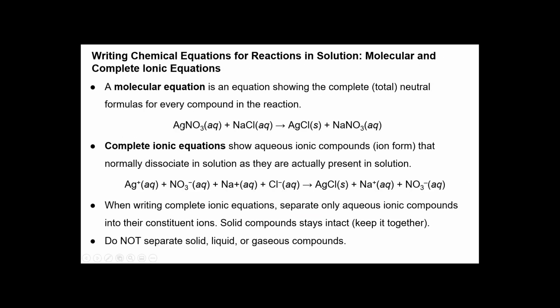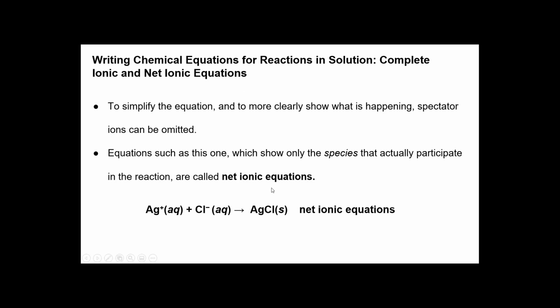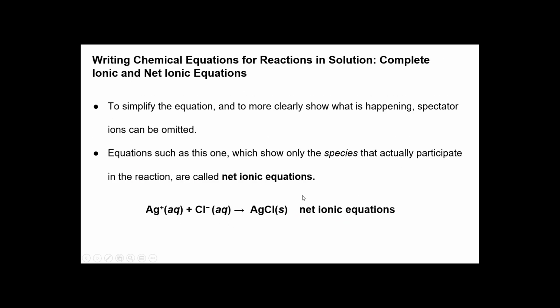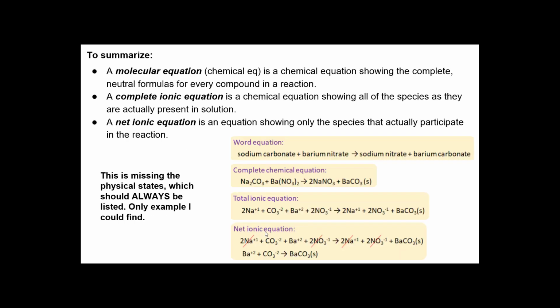So we start with a molecular. We go to the complete ionic, which is everything except for the solid or liquid or gas. And then we remove the spectator ions, and we end up with the net ionic. So just what creates that solid, those ions that formulate the solid. That is a net ionic equation.